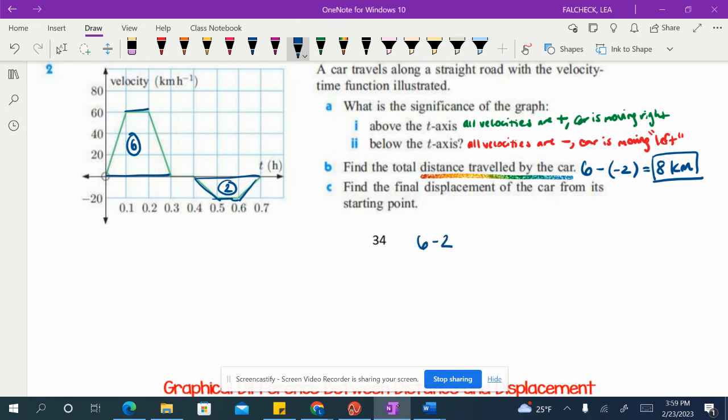We moved 2 units to the right. We ended up with a positive 4. So that would just be 4 kilometers to the right of the origin. And that would be our answer for C, finding the final displacement.